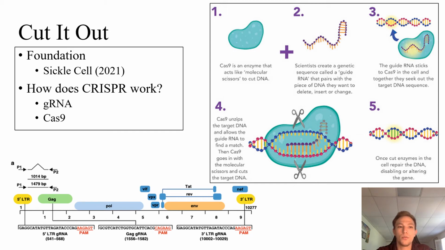So how does CRISPR work, and what is CRISPR? CRISPR stands for clustered regularly interspaced palindromic repeats. That is besides the point. The two main aspects of CRISPR are gRNA and the Cas9 enzyme. To explain these, on the right I have a graphic, which is a very simplified version of how CRISPR-Cas9 functions.